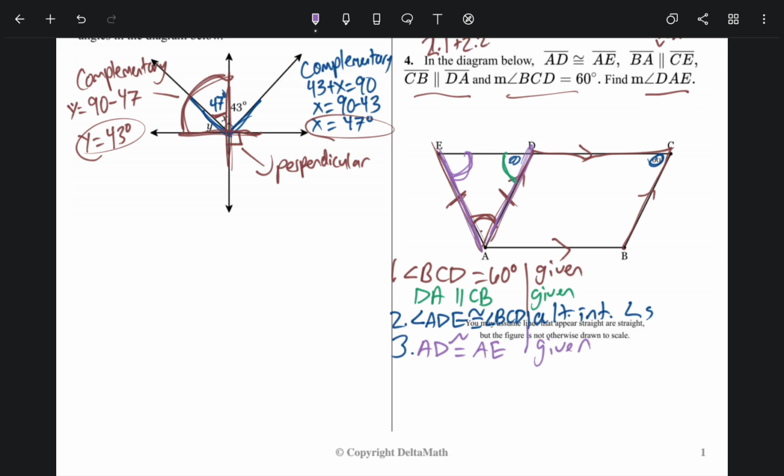So those being congruent is given. So we know ADE and AED. It's getting a little confusing to say, but yes, ADE and AED are congruent because this is an isosceles triangle.